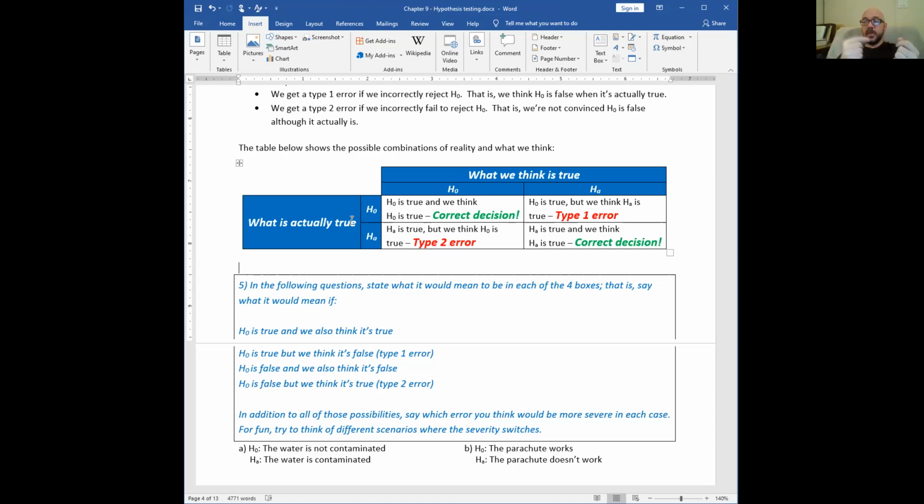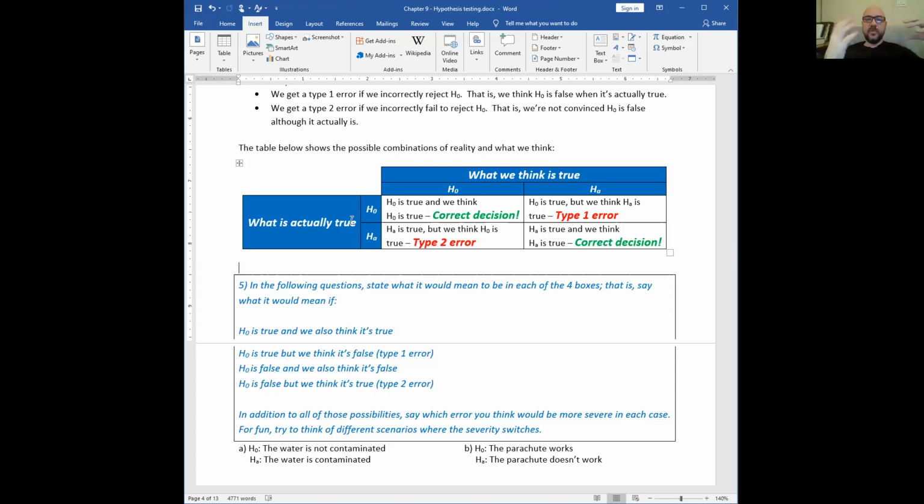Sometimes you could have it, but the test misses it, or you just got a weird glob of snot, I guess. Sorry, maybe not the most pleasant way to put that. If the fluids that you provided are not representative of the rest of your body as a whole, the test can be wrong.